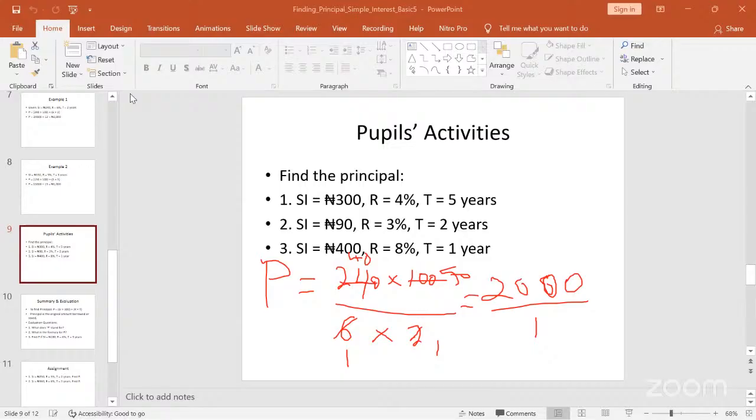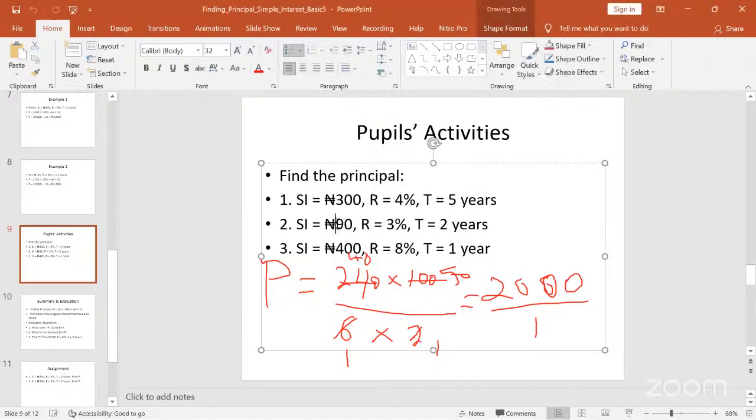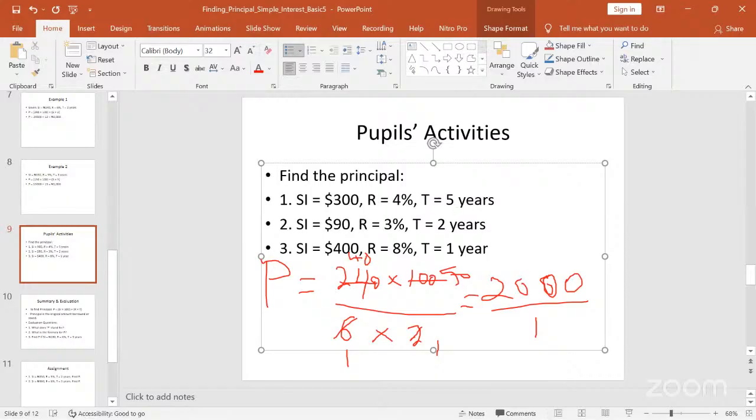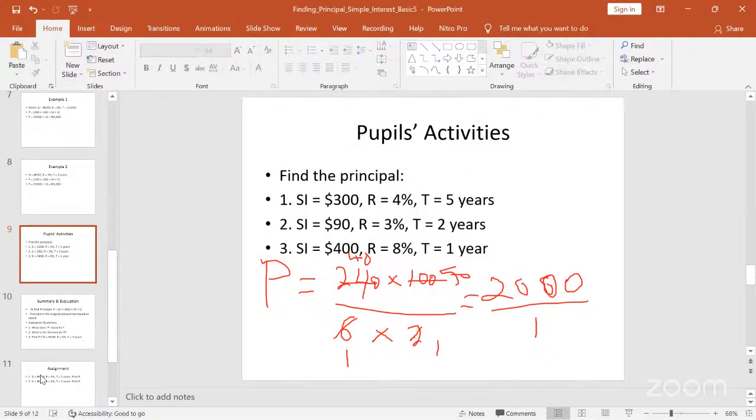Okay. As I was saying, we can solve the second question. I don't know what it is. Is it 1,500 again, maybe?